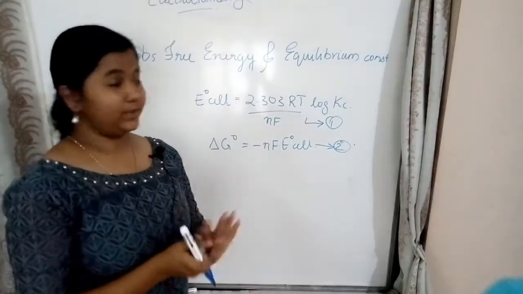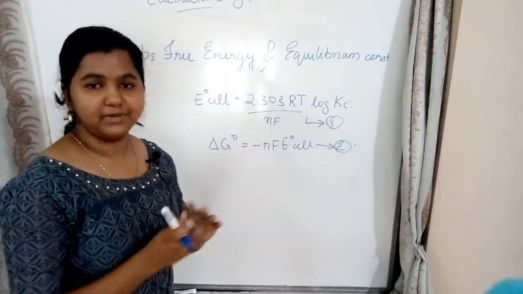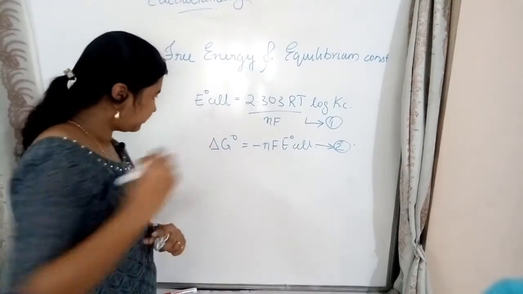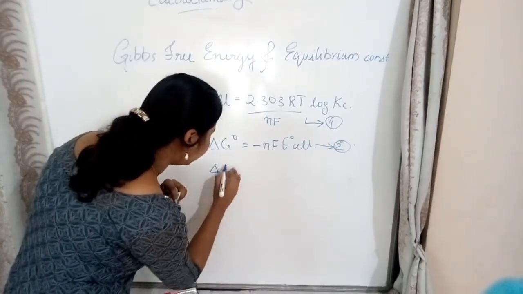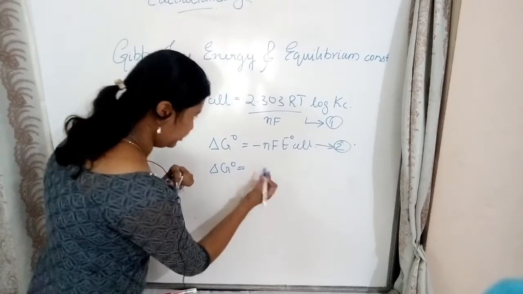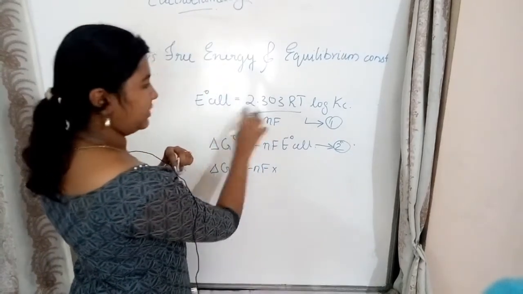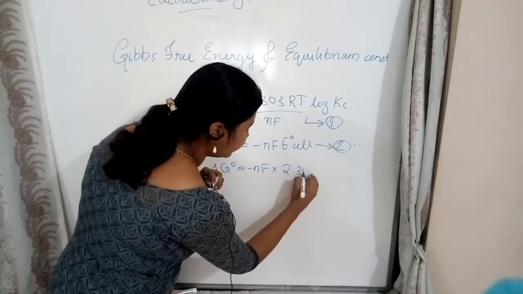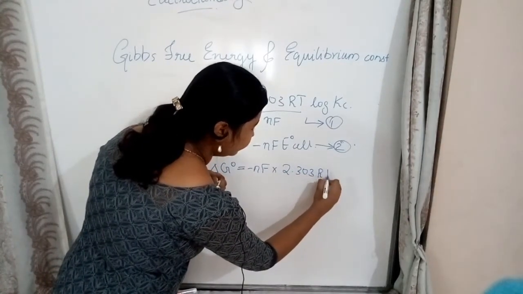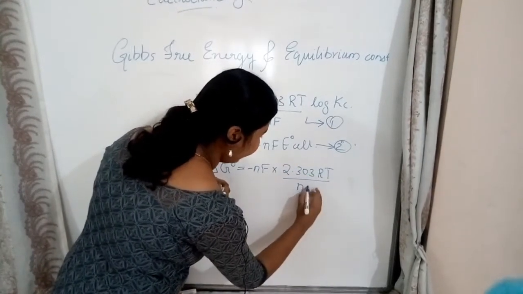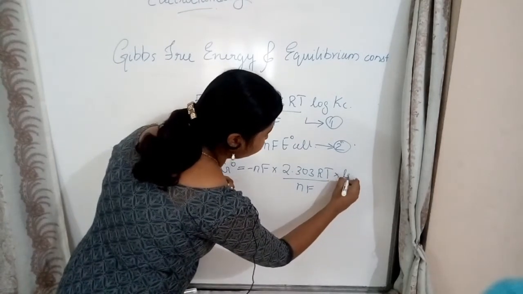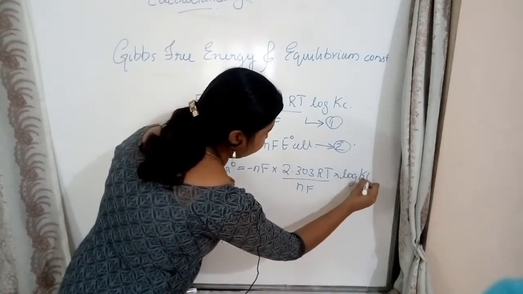So we'll substitute equation number 1 into equation number 2. Delta G0 is equal to minus nF times E0 cell, which is 2.303 RT divided by nF times log Kc.